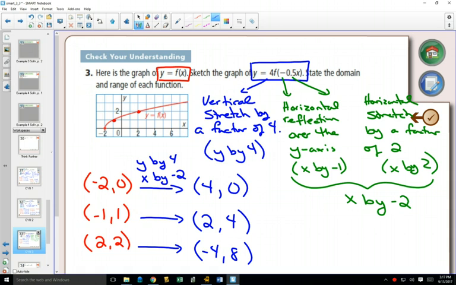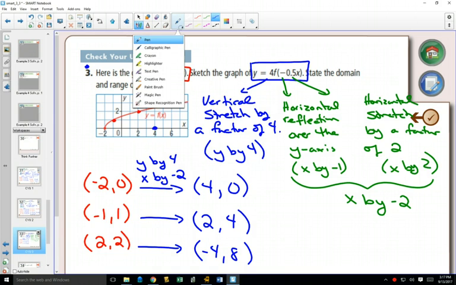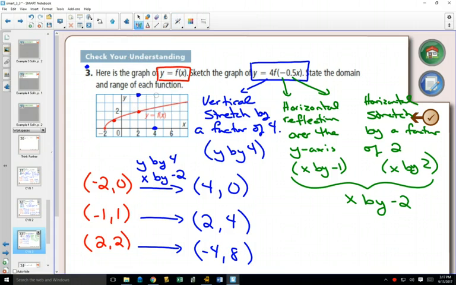Graphing these points, we're going to have 4, 0, 2, 4, and -4, 8, which will be somewhat up over there. So now you've got 3 points, but the question is, if I'm going to graph this, should I graph it this way with an arrowhead this way, or should I start here and graph it this way with an arrow that way?